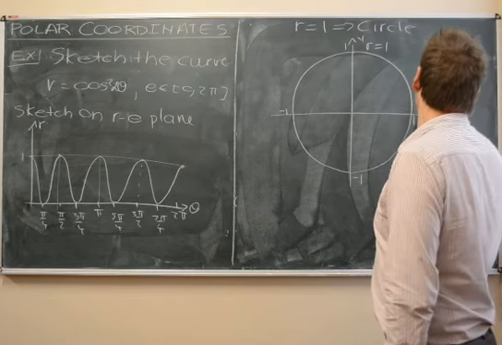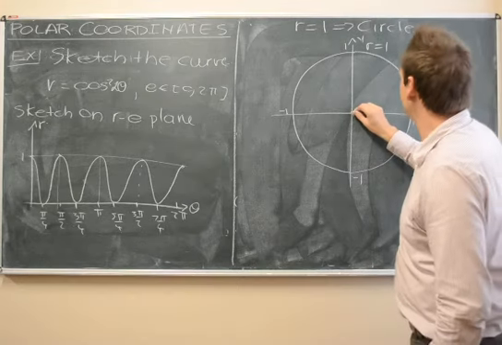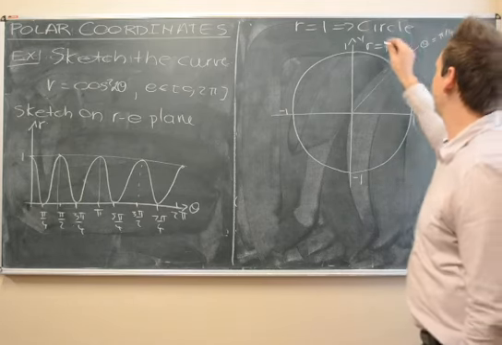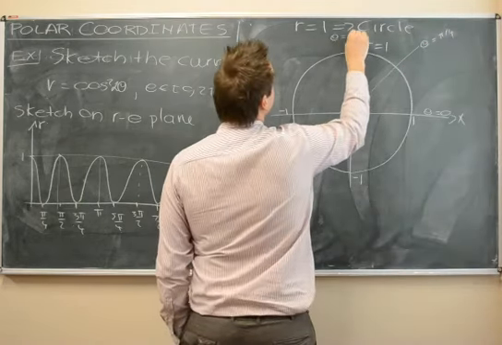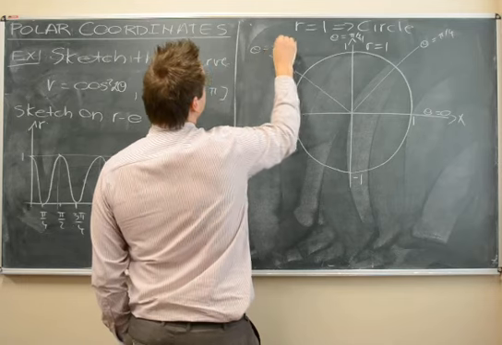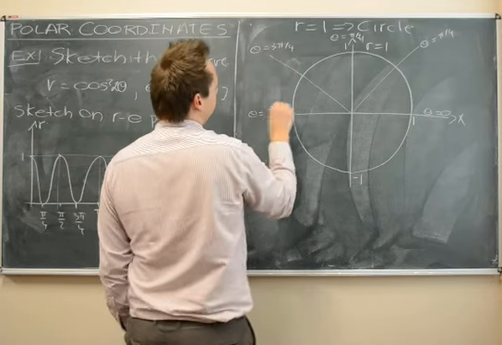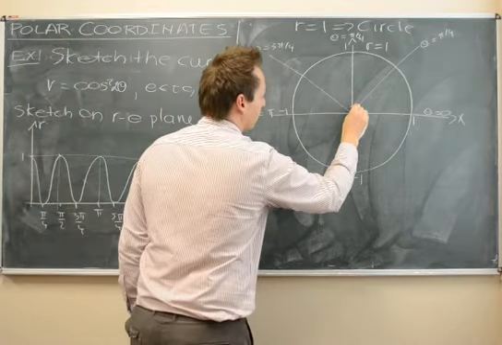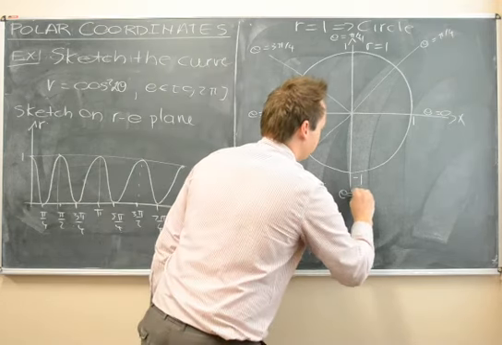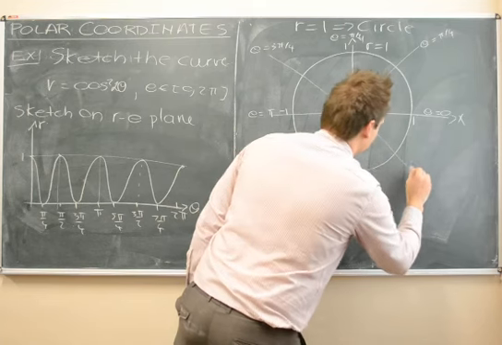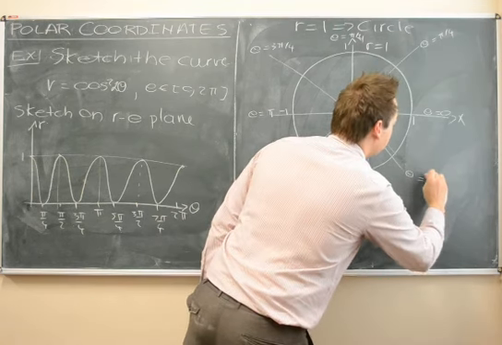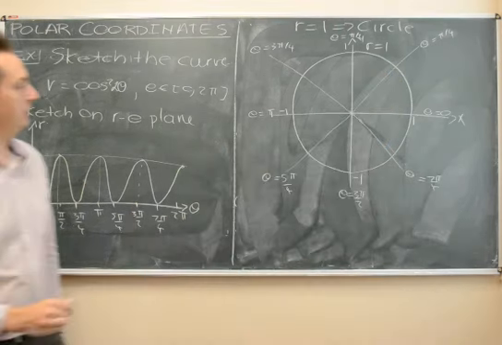Theta equals 0, it's there. There's theta equals pi over 4, y-axis there, theta equals pi over 2, here we have theta equals 3 pi over 4, theta equals pi, theta equals 5 pi over 4, theta equals 3 pi over 2, and theta equals 7 pi over 4.